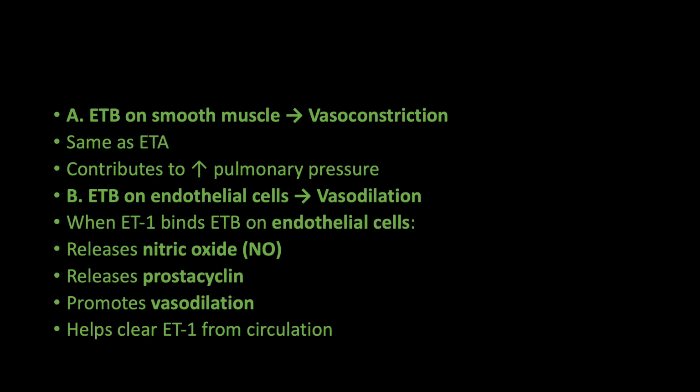When ET1 binds to ETB, it releases nitric oxide and prostacyclin, and promotes vasodilation. So that's what it would do under normal circumstances. It also helps clear ET1 from circulation. I thought this was one of the interesting mechanisms here.